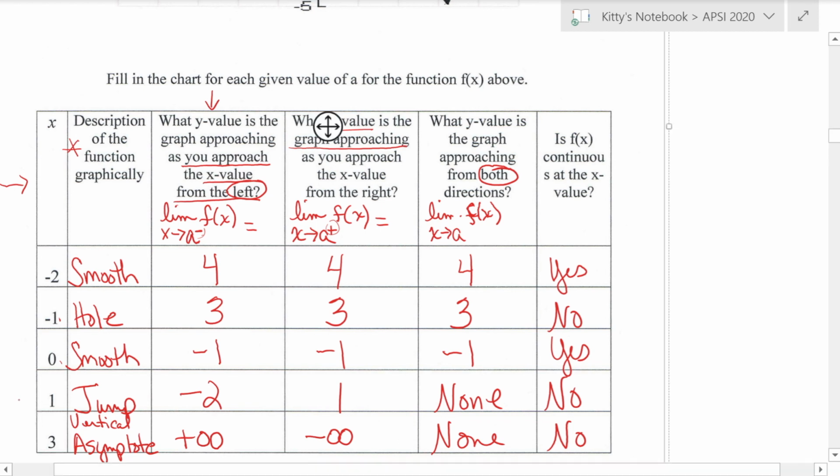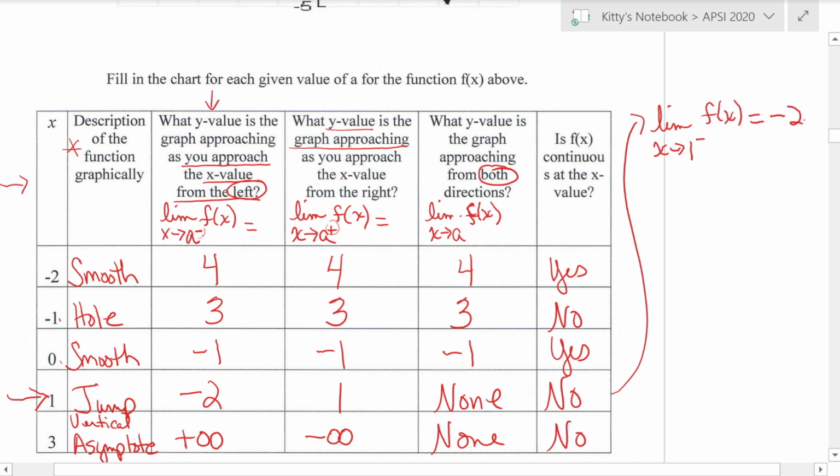So I'm going to show you how you would write this. Let's go do that one. So I'm going to write this up here. The limit as x approaches 1 from the left, we said the answer was -2. And the limit as x approaches 1 from the right, we said was 1.